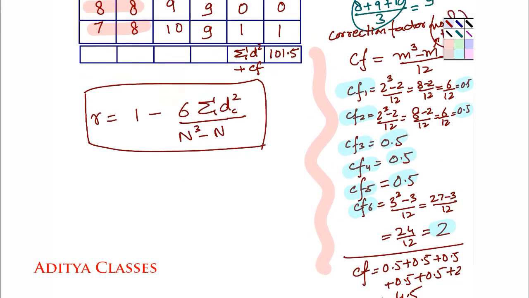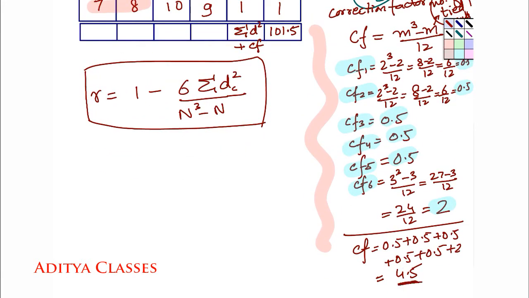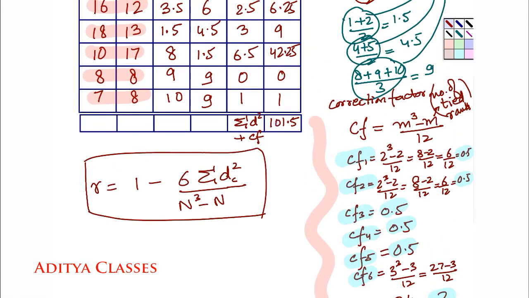It is 4.5. So I'll add this correction factor, 4.5, to it. And this becomes 106. So this 106 is now my corrected d square. Remember, I'm not using this d square, rather I'm using the corrected d square, this one.